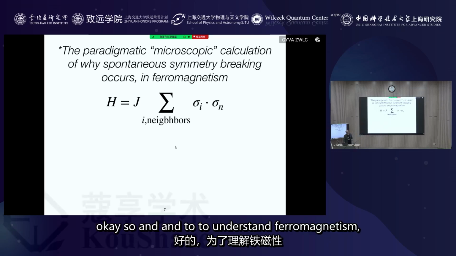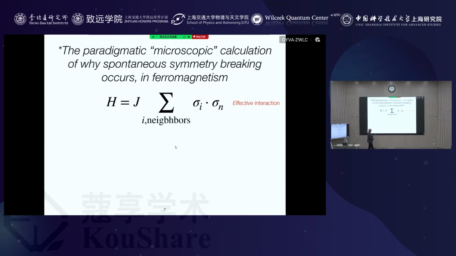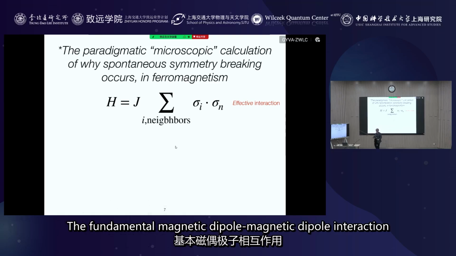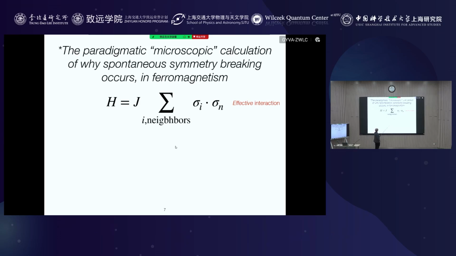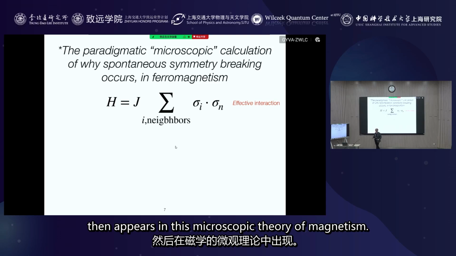Okay, so to understand ferromagnetism, we have an effective spin-spin interaction. This already is interesting. The fundamental magnetic dipole interaction is about 1,000 times smaller than appears in this microscopic theory of magnetism.